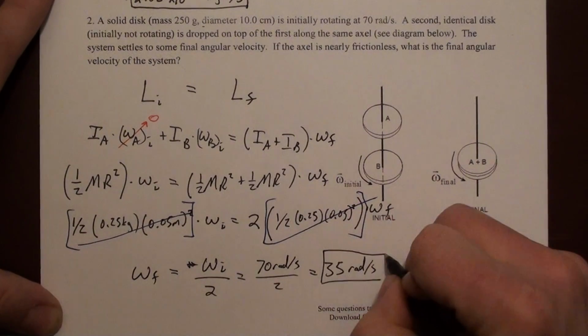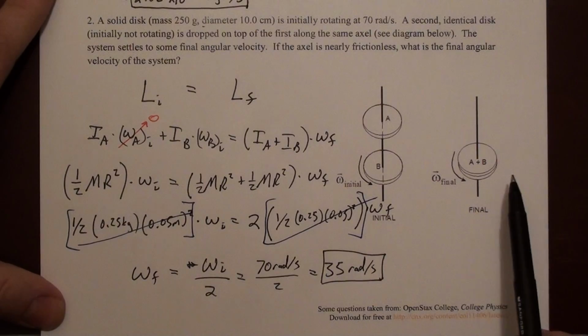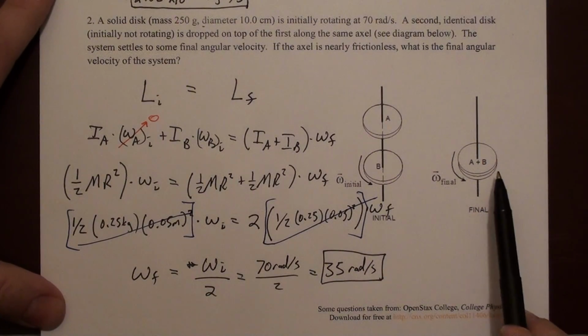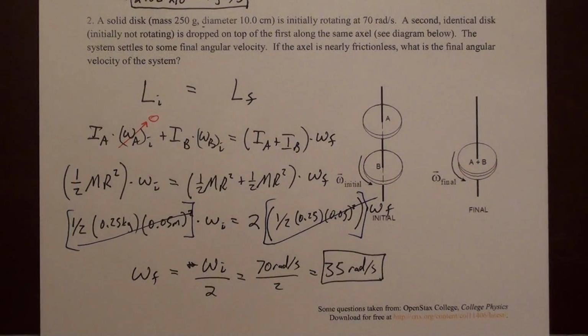So you see in this problem, I didn't even need to know anything about these disks other than the fact that they are identical. So you don't always have that, that's not always the case, but because they were identical in this case, the algebra gave us simply this factor of 2.